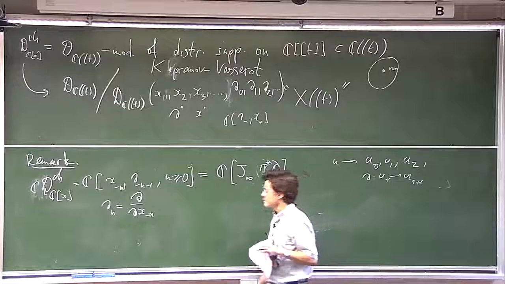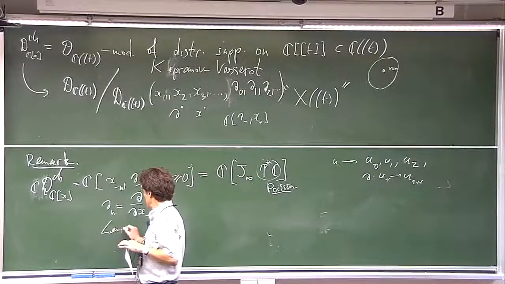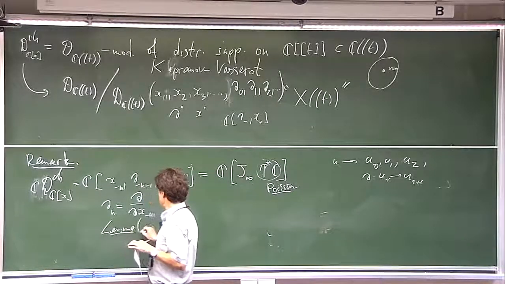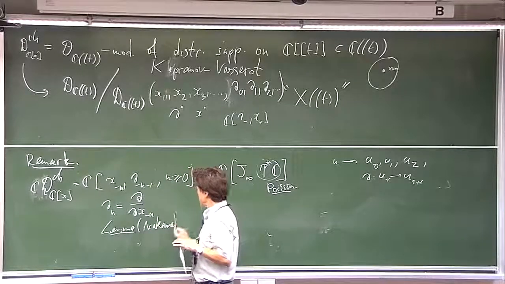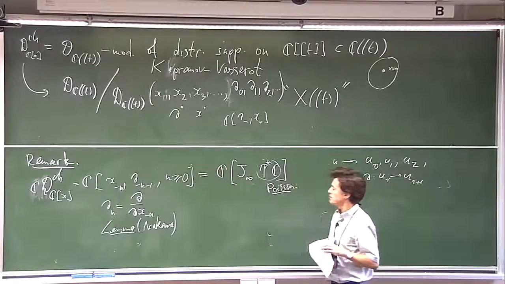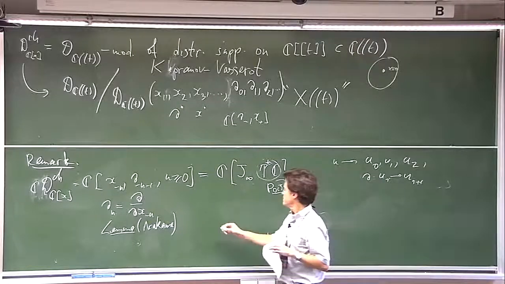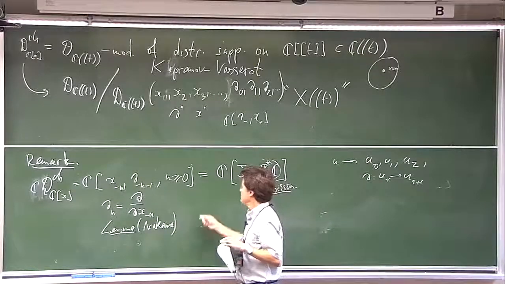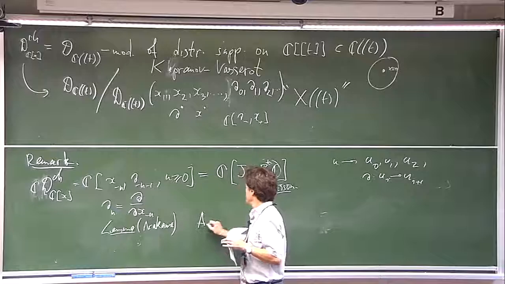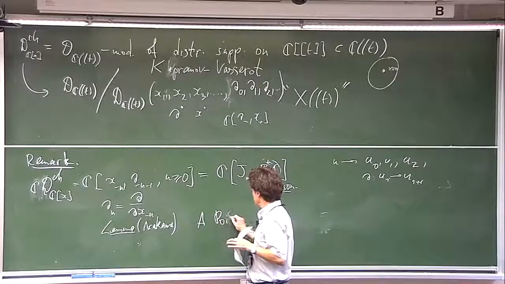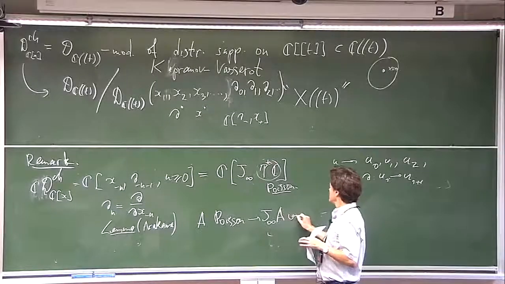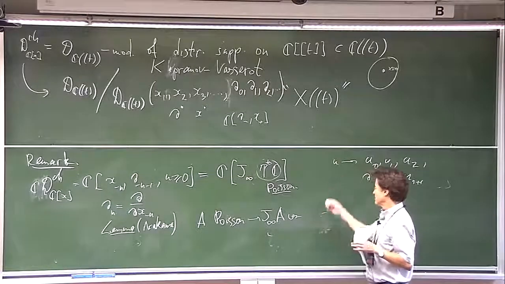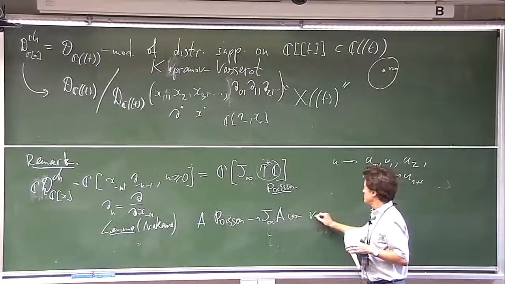Now, there is an observation. I've seen it in one of Tomoyuki's papers: if A is Poisson, then Jet of A is Poisson, as Beilinson and Drinfeld would say, vertex Poisson.